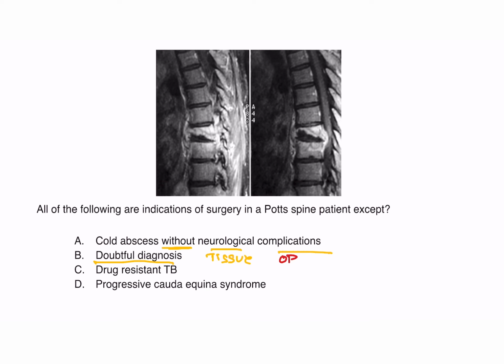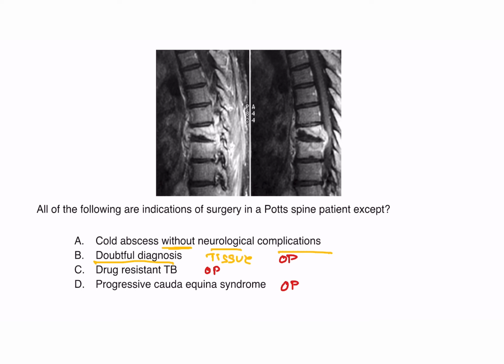Drug resistant TB: you tried every drug and nothing seems to be helpful, and it is multi-drug resistant or extensively drug resistant. So in case of drug resistant TB, you can do operative management. And the patient presenting with cauda equina syndrome: cauda equina syndrome is a surgical emergency, and you have to put the patient on the table to operate and release the pressure, right? So it is operative management.